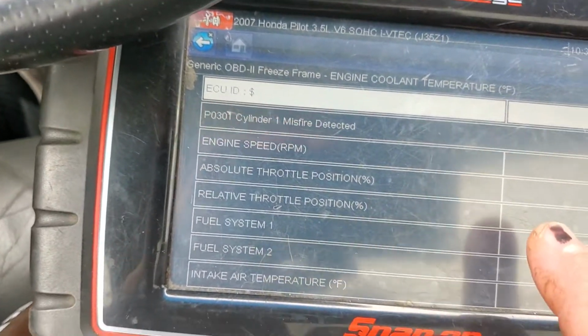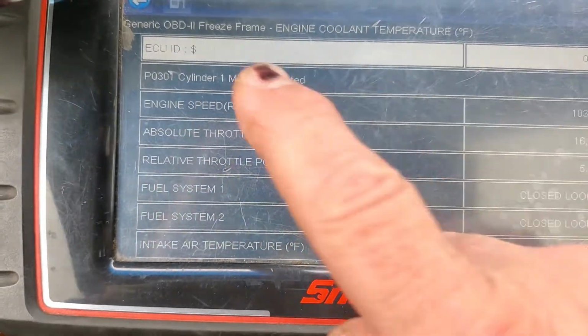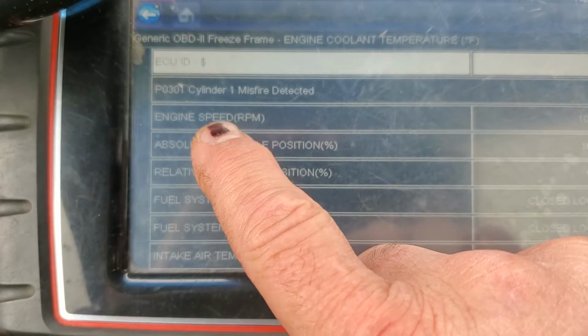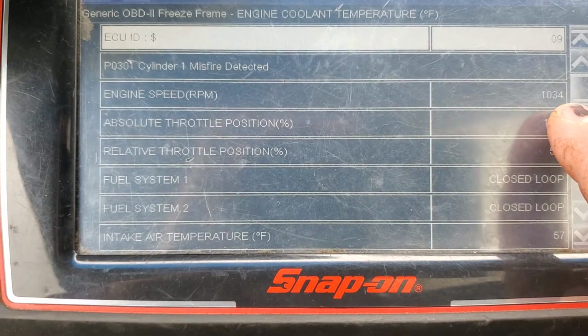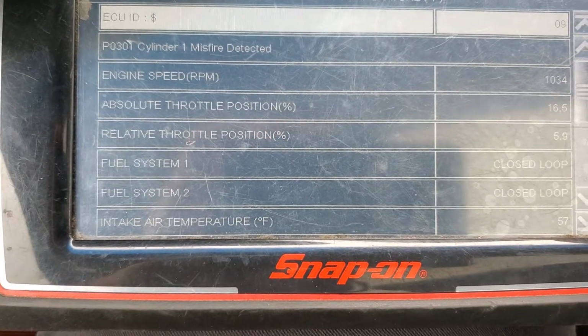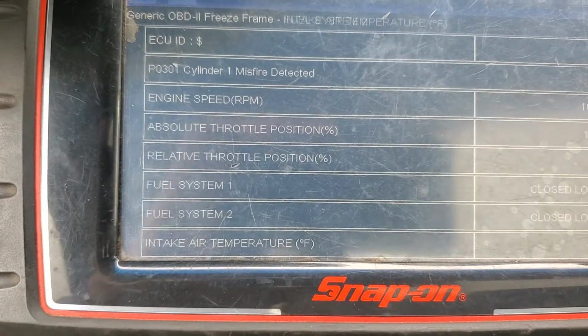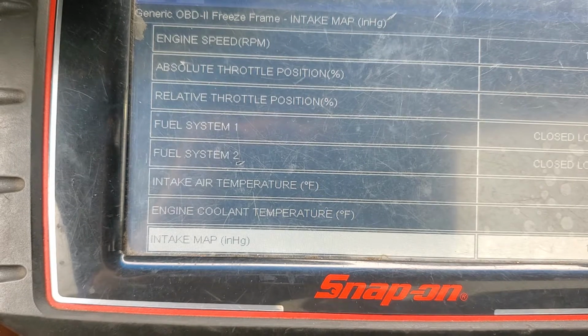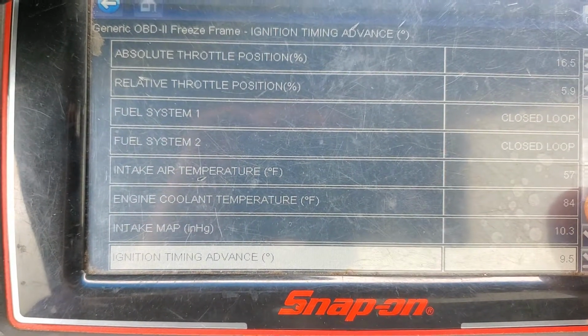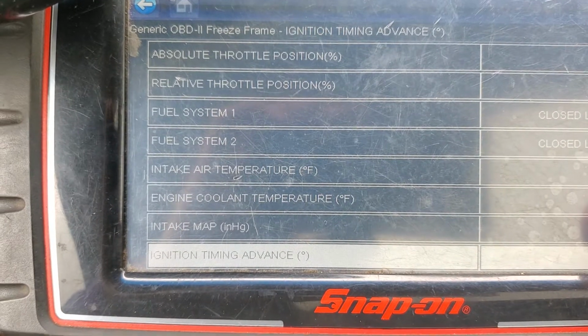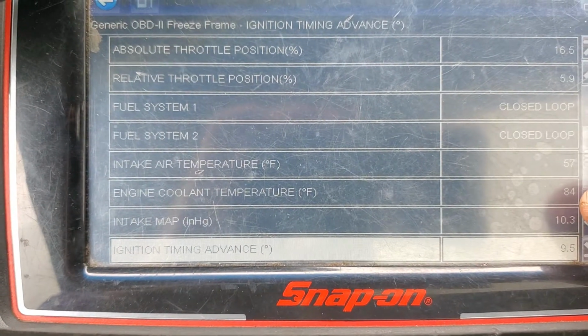There. So the code was P0301, cylinder 1 misfire. What RPM did it happen at? 1,034, so it was probably a high idle, just started up. How cold was the engine? How hot was the engine? Well, the intake air coming into the intake was 57. The engine coolant was 84. That just showed me it got started up.